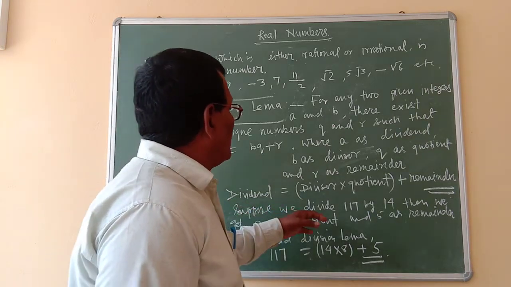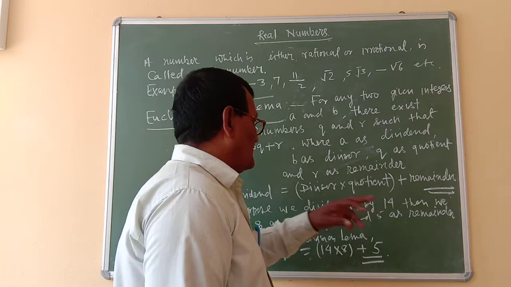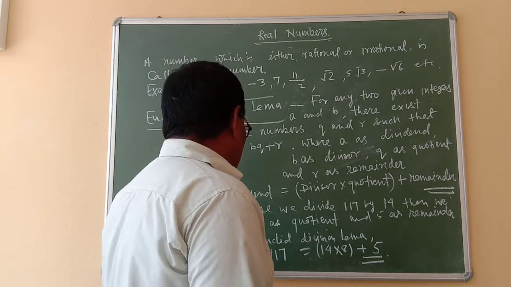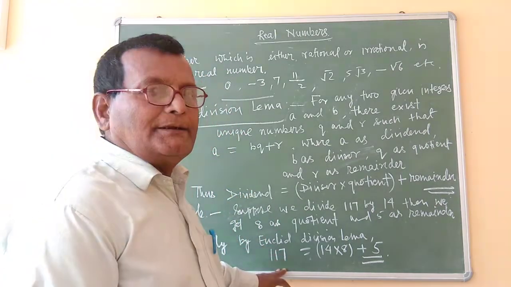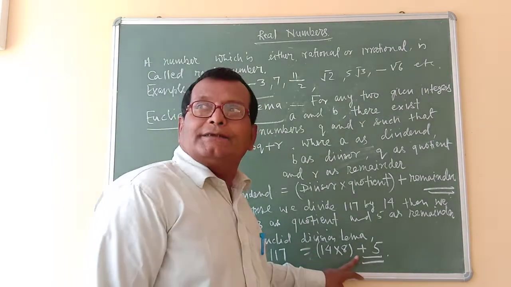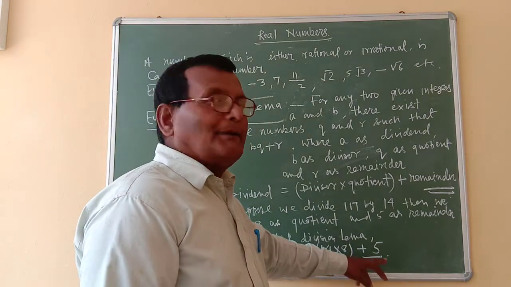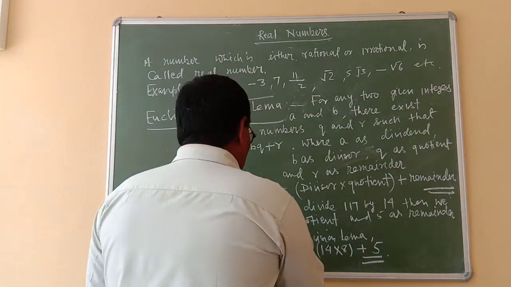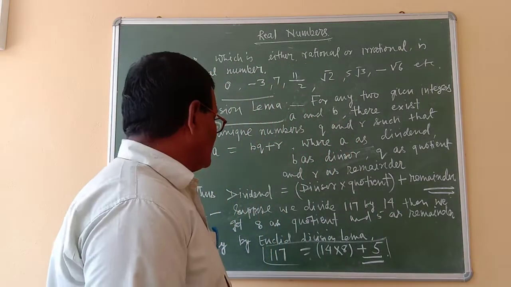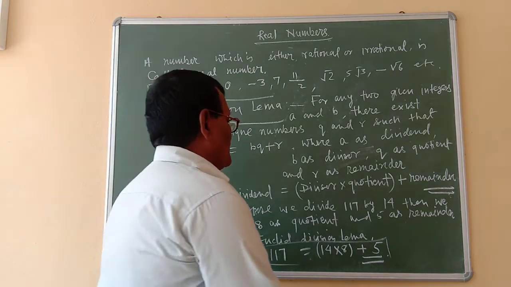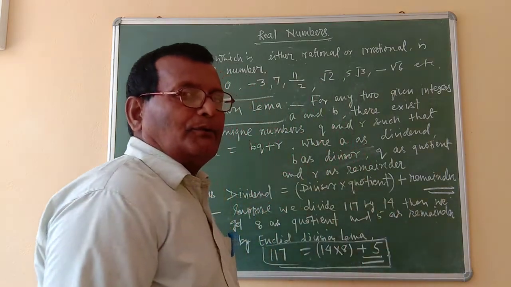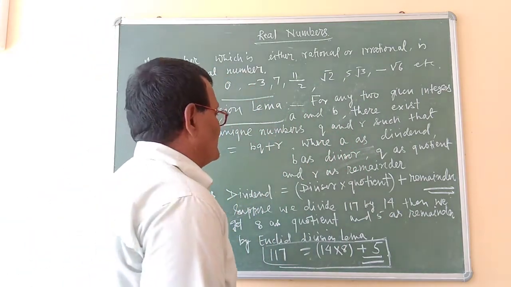Suppose we divide 117 by 14, then we get 8 as quotient and 5 as remainder. Here 117 is the dividend, 14 is the divisor, 8 is the quotient, and 5 is the remainder. By this lemma we can obtain the HCF of two given integers.